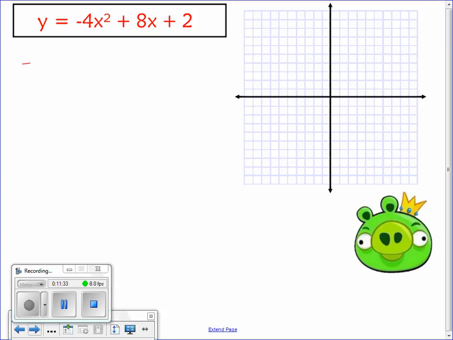So remember that's negative b over 2 times your a. So we get negative 8 over negative 8, which is just 1. Negative what? That may be a little off. Negative 58 might be a little off.